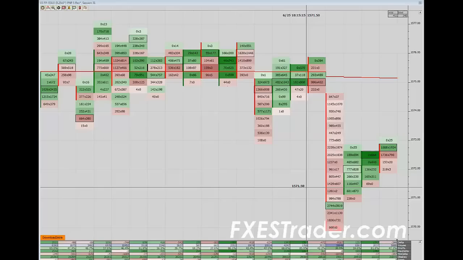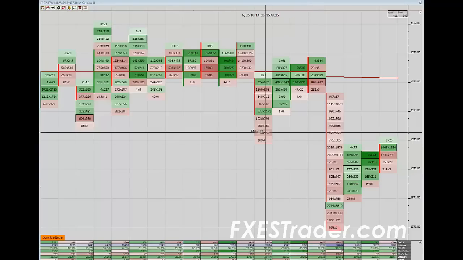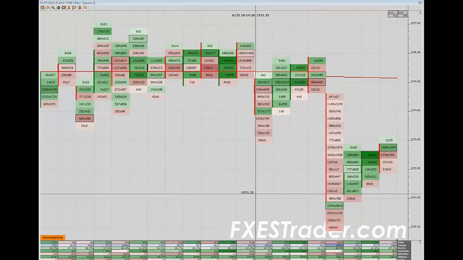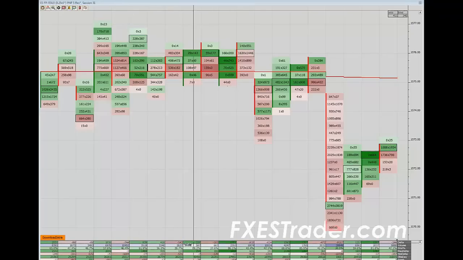Okay, let's put some of these examples in practice on what took place today. As you can see on the footprint here, we're looking at the ES, the September contract, the U contract. The boxes at the bottom show the delta, which is the top line going across, and the daily delta.